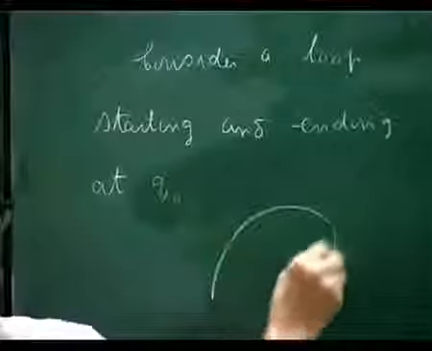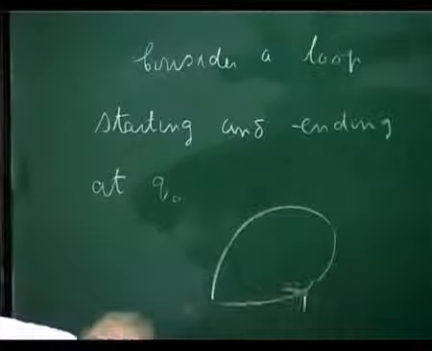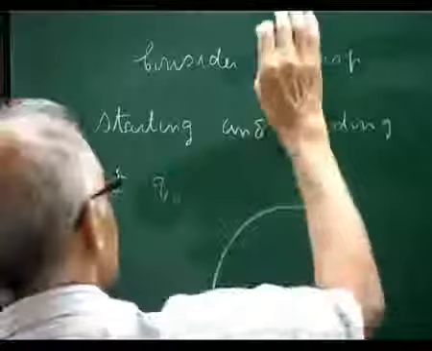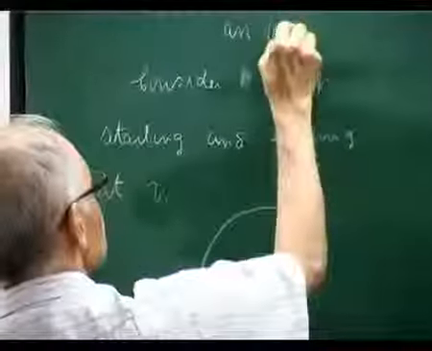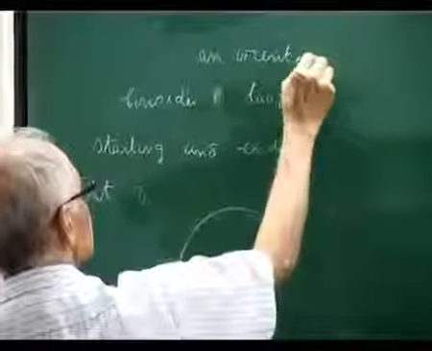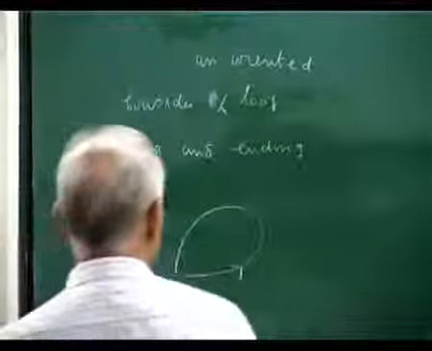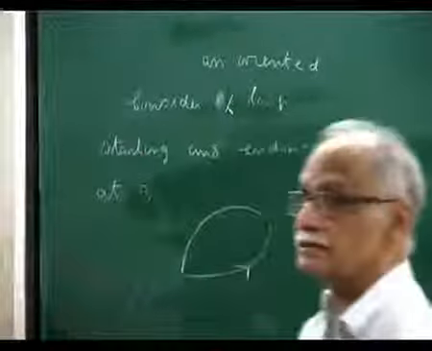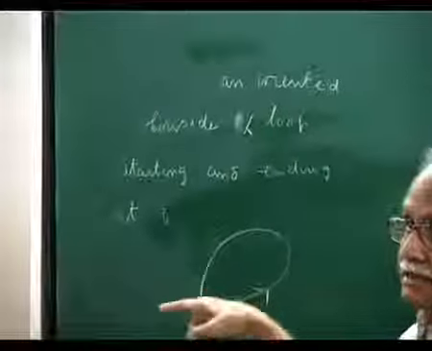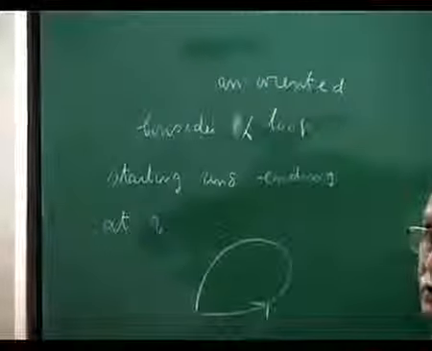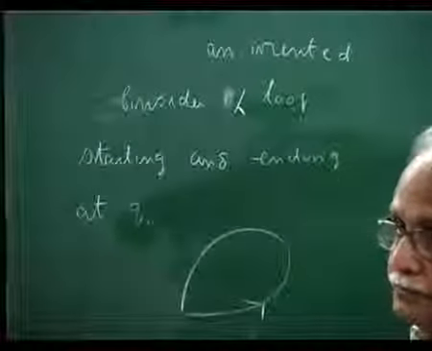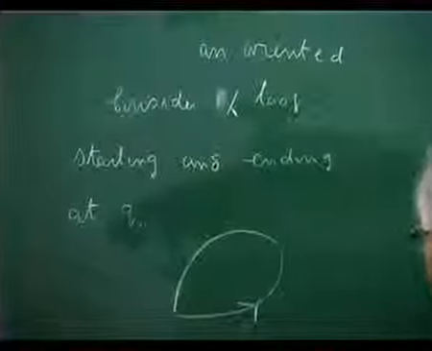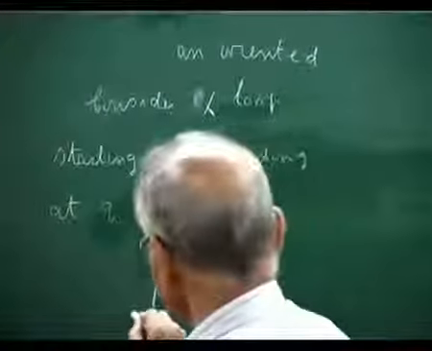So you have a loop here, I should say an oriented loop. The reverse orientation will be a different loop. There is no parameter running along the loop. So this is my Q0.